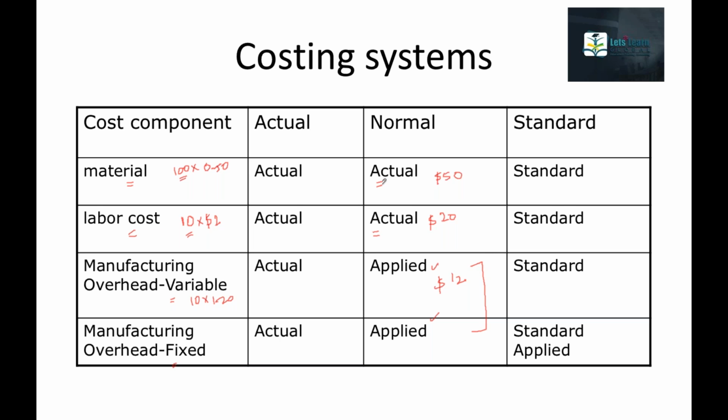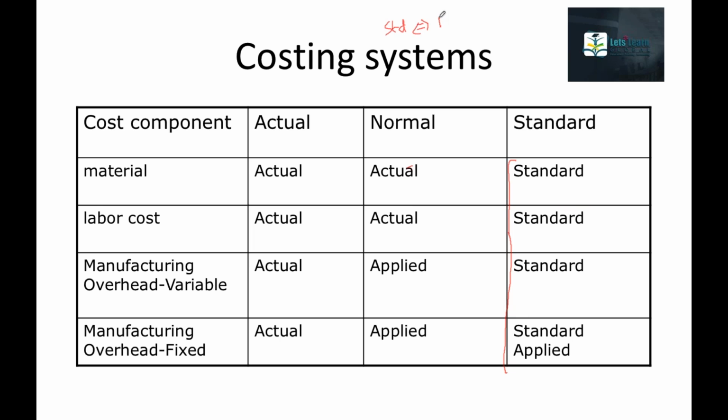In the standard costing system, what we do is we just put a standard. This should be the cost. We do not consider the actuals. We put a standard that this should be the cost. So in all the places it will be a should cost. Then should cost will be compared with the did cost.